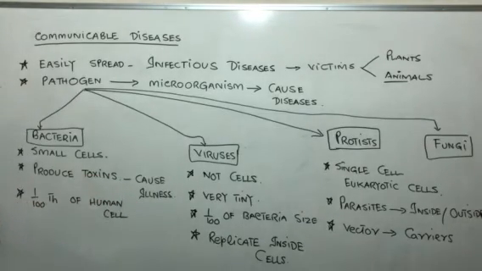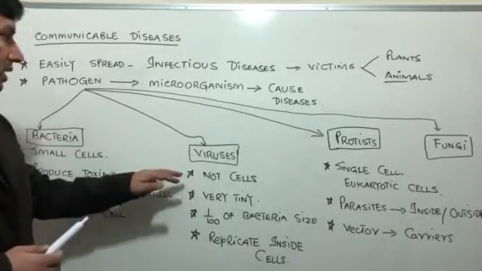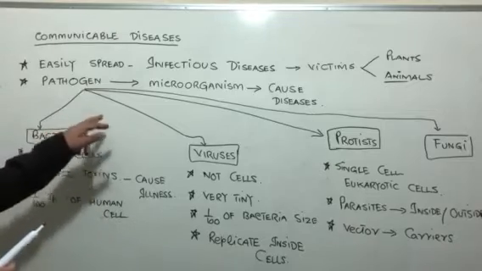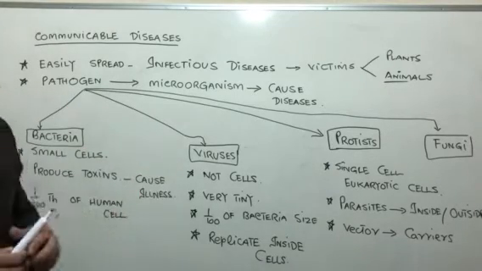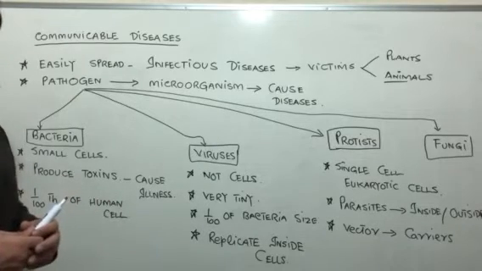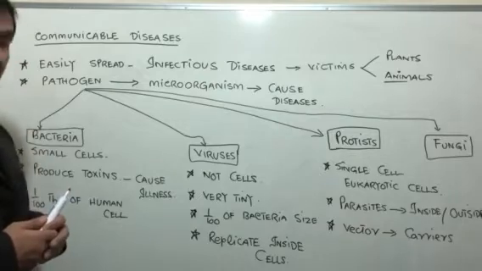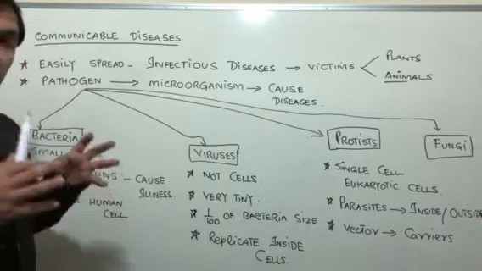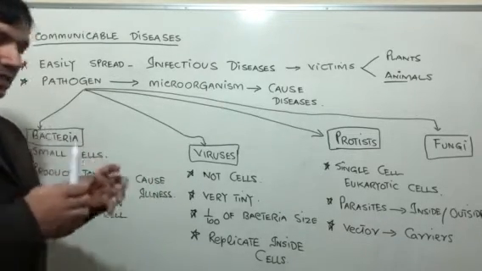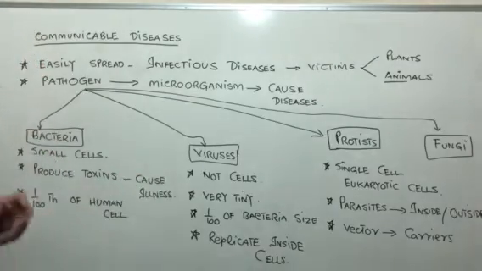Viruses, which are the second type of pathogens, are not cells because they don't fulfill the parameters of a plant or animal cell. They are very, very tiny. We cannot call them cells, but they are very small.